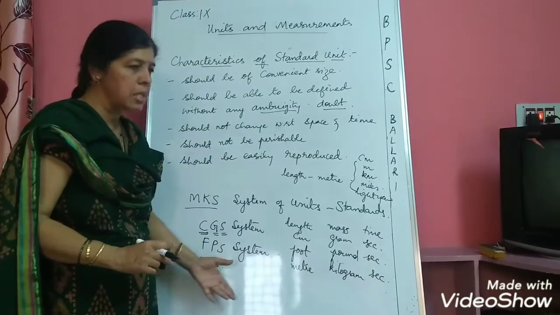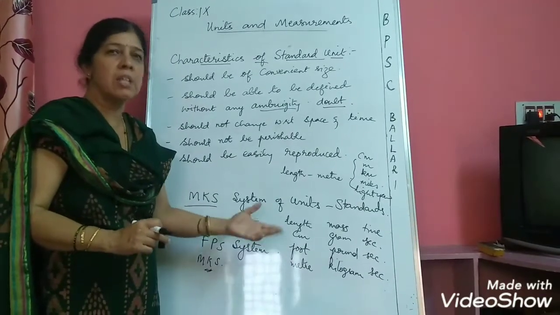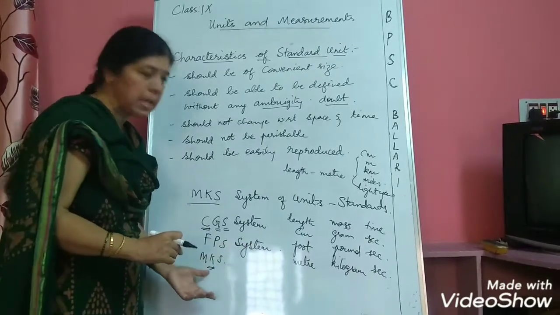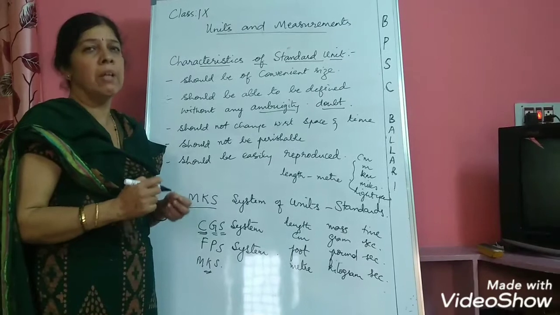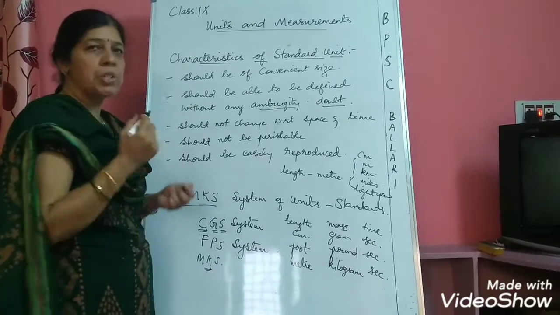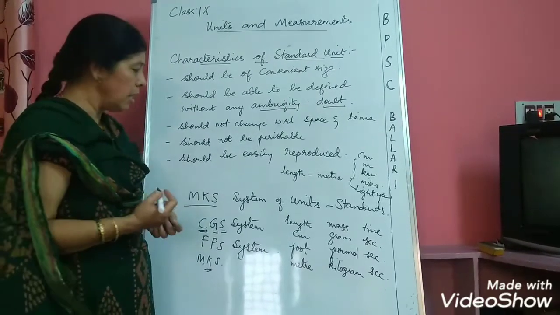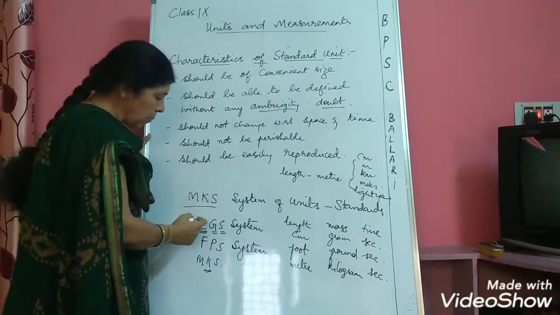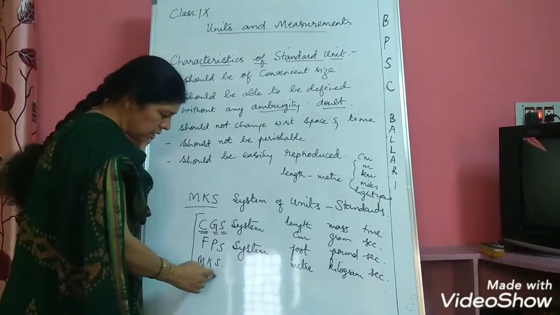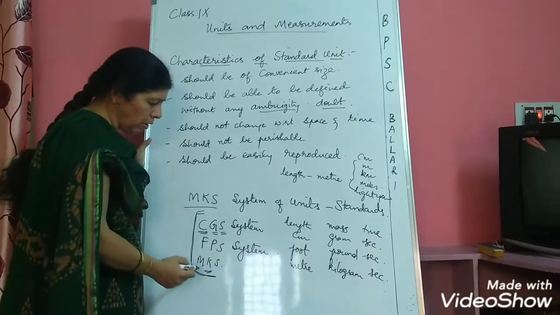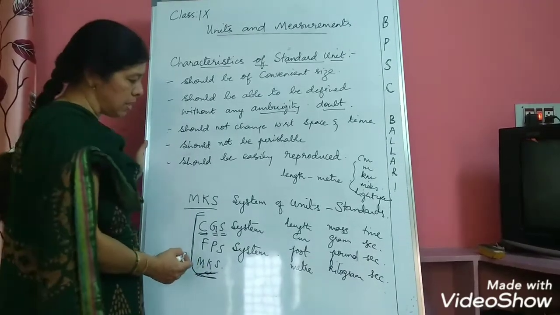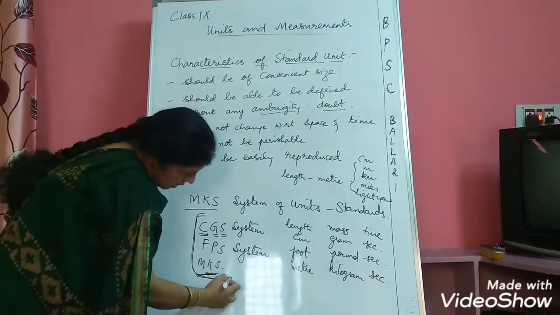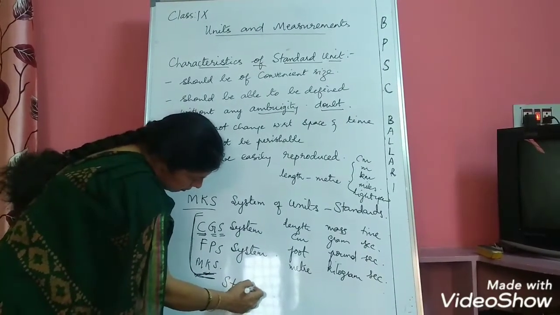When you express your physical quantities in terms of standard units, that is the MKS system, it will not create any confusion among the learners or people who try to understand those physical quantities. So you have to remember the 3 systems of units in vogue, and among these, the MKS system of units has been accepted and it is renamed as Standard International.